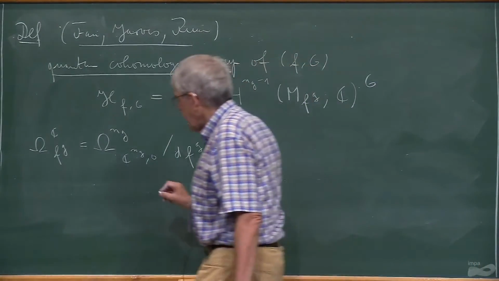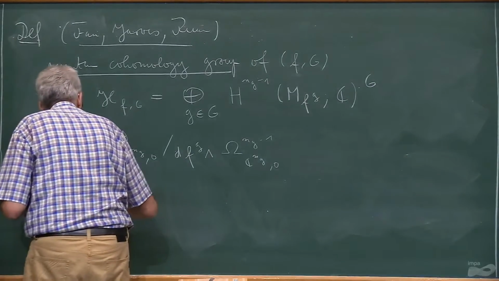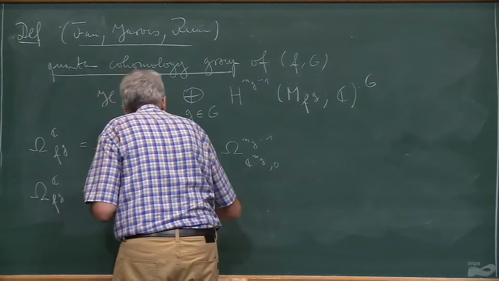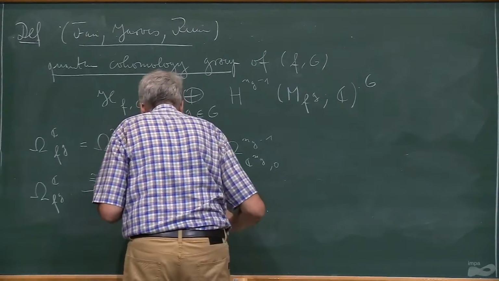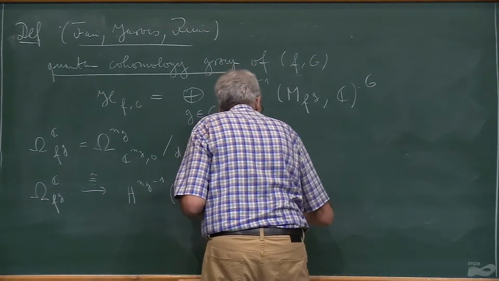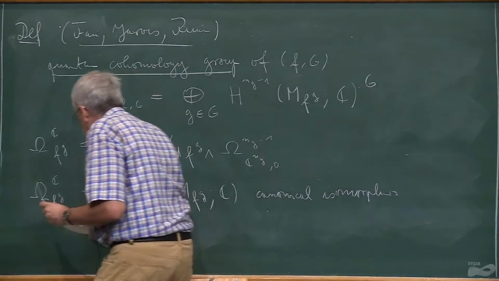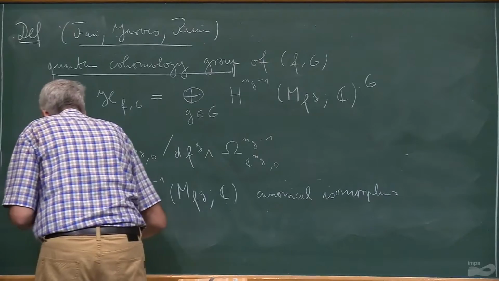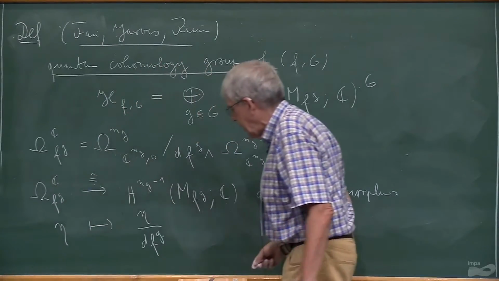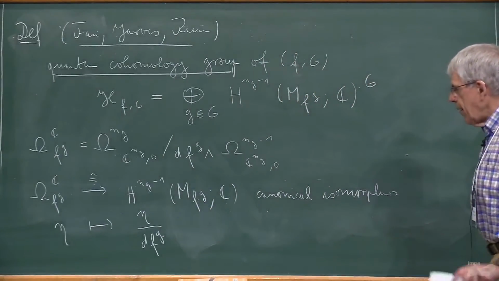And now one has a canonical map from omega Fg to the cohomology group of the Milnor fiber. Namely, if I take the form eta, I consider the form eta divided by dFg. I take the de Rham cohomology interpretation. So this gives an isomorphism.